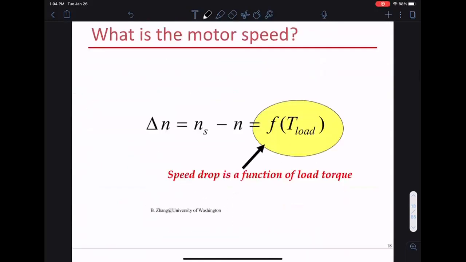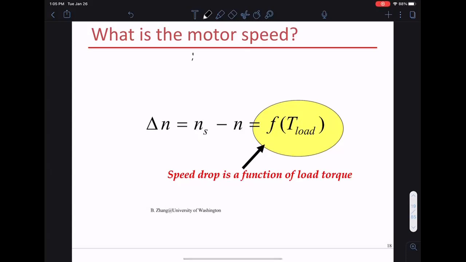And the motor speed is basically given by the load torque. There's some function, and we'll get an equation for this function, but the idea is that depending on the load torque you have, this determines what the speed difference is.